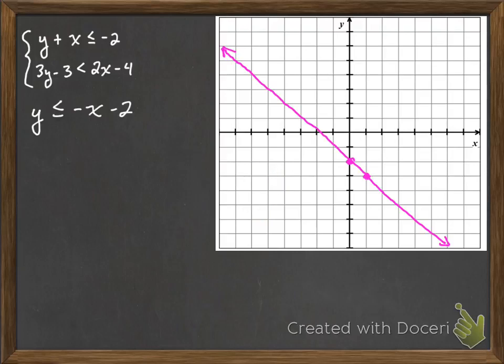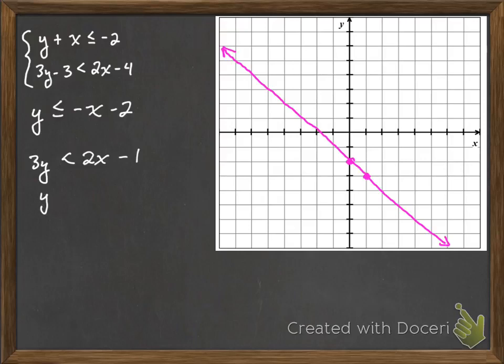All right, so the next one, if we solve for y, this will become 3y less than 2x minus 1.